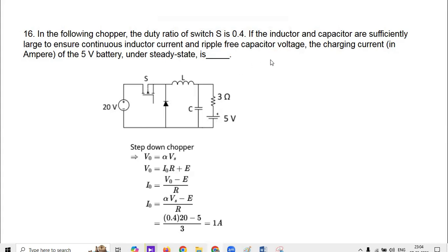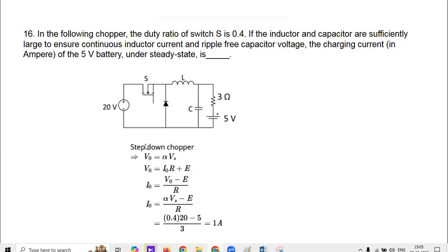It is given that we have a duty ratio of 0.4, and the capacitor and the inductor are large enough so that we get continuous inductor current and ripple-free capacitor voltage. We need to find out the charging current of the 5-volt battery in steady state.